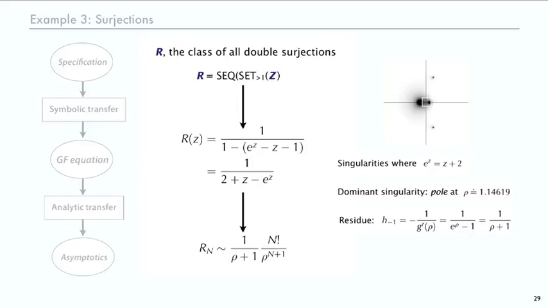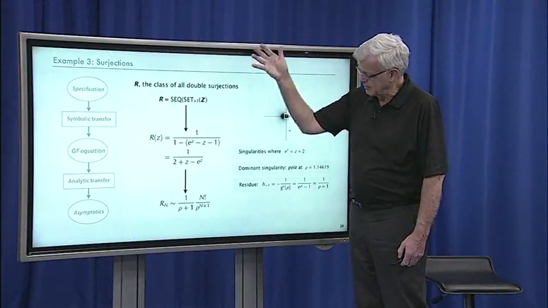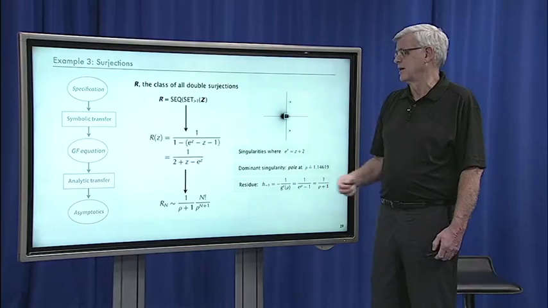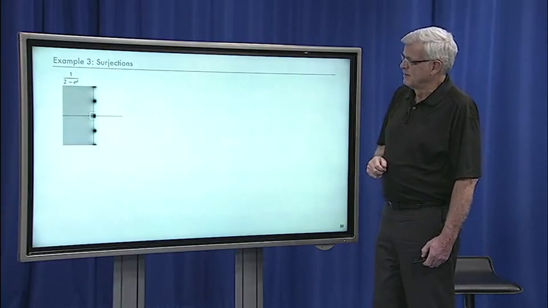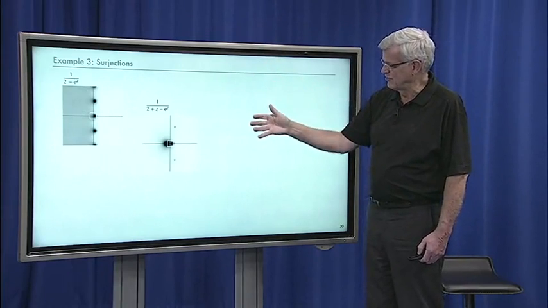So again, that little calculation immediately gives the asymptotic growth for the number of double surjections. No matter how complicated the generating function gets, we go right through it to get to the simple asymptotic result. And this one also generalizes, so that's 1, that's 2.